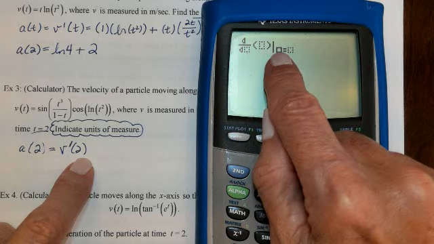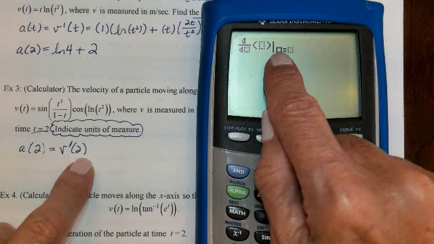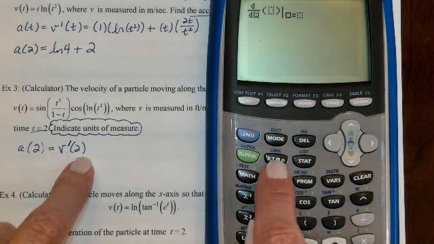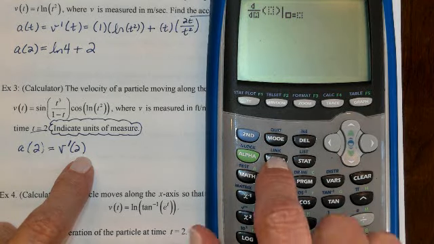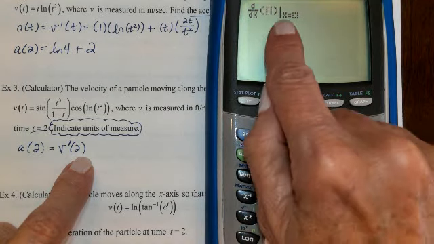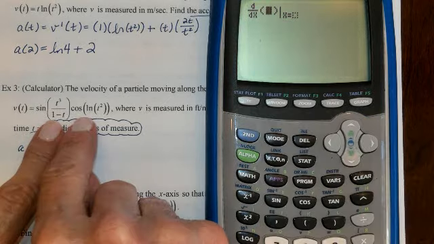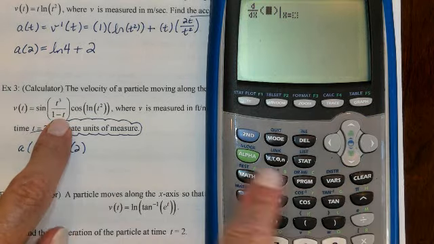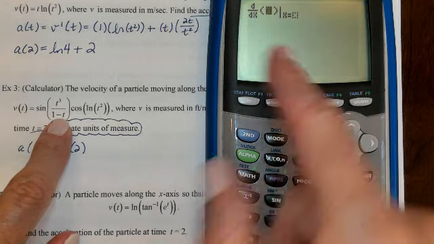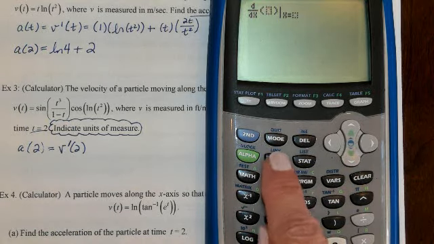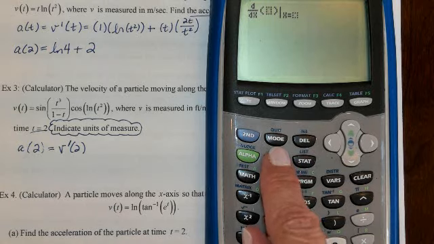This will automatically fill in for us. Now, I always use x's because it's so easy to get to on my calculator. So I'm just going to use an x there. And you can see it automatically filled in that x over here, which means every t, I'm just going to use an x. My calculator doesn't care, right? So my x's now will represent time.